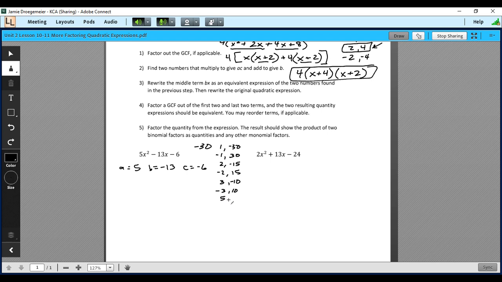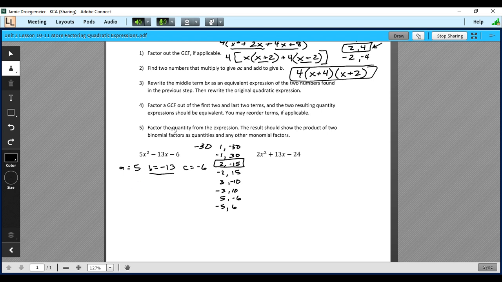And then we have 5 times negative 6 and negative 5 times positive 6. So a lot of different possibilities here. We want to find the pair that will add up to that negative 13, our b term. And if we look through those, if we add 2 and negative 15 together, we're going to get negative 13. So those are the two that we want to use here.